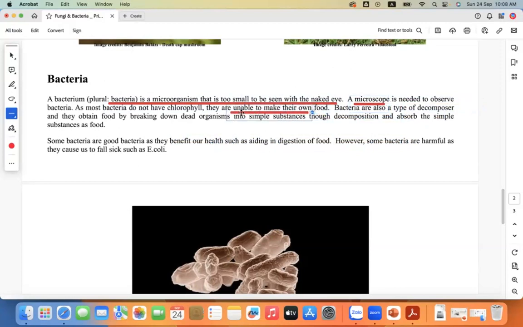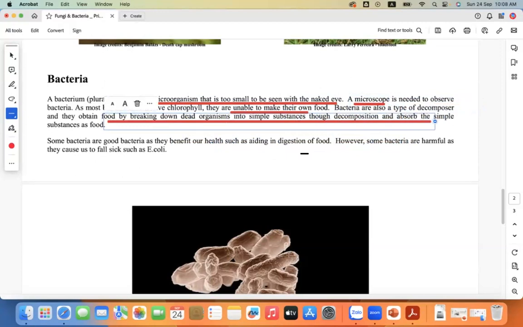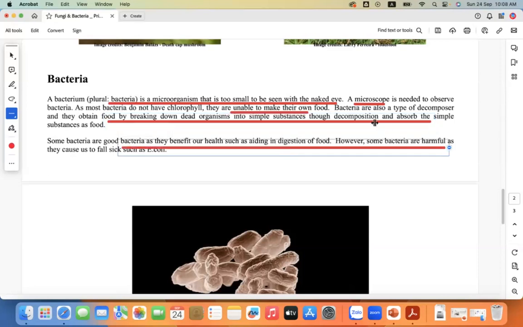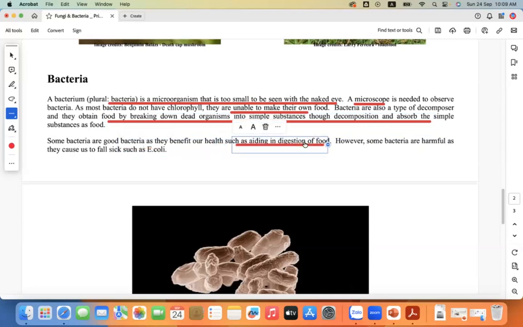Hence they obtain food by breaking down dead organisms into simple substances and absorbing them. Some bacteria are good bacteria as they benefit our health, such as aiding in our digestion, whereas some are harmful because they cause us to fall sick.